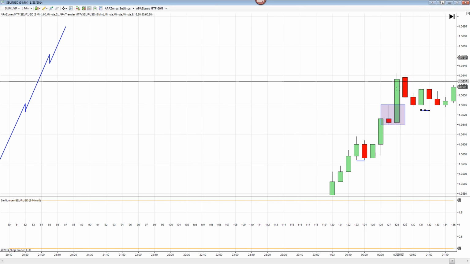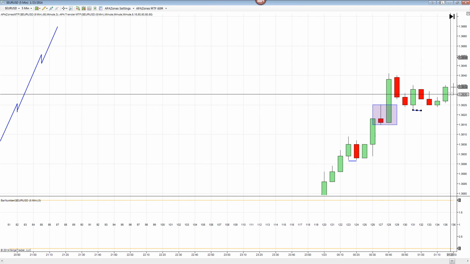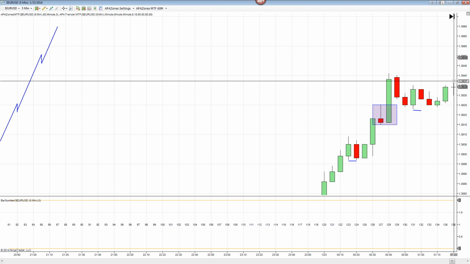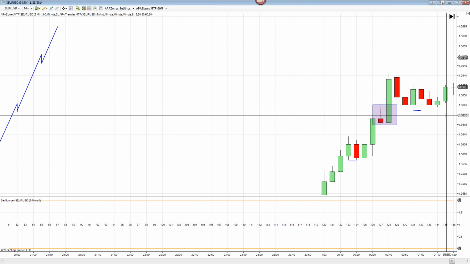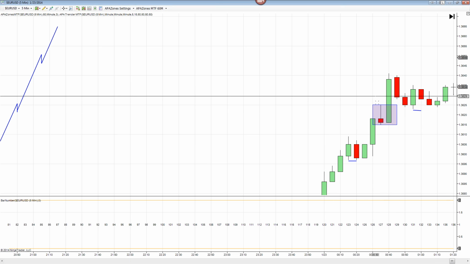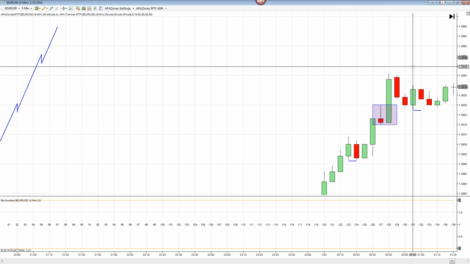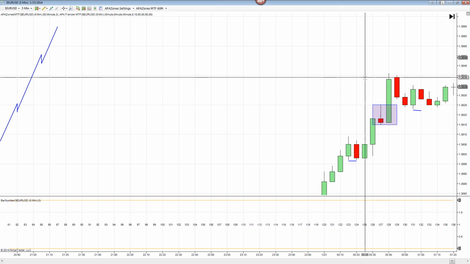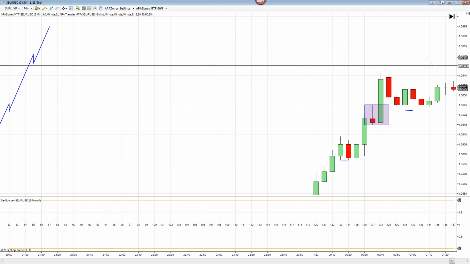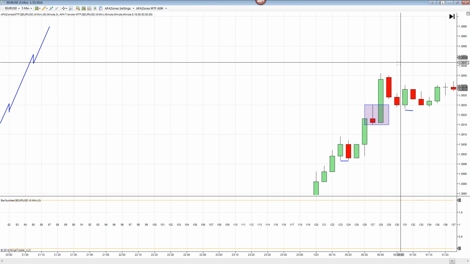Okay, so again, stalling out. Doji, we're really stalling. Dojis are a lot of times a good representation of price stalling out, and we do know that we've had a big push up and we're starting to stall. So these candles are all signs of that. Again, more stall, indecision.